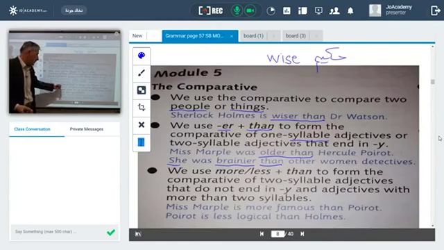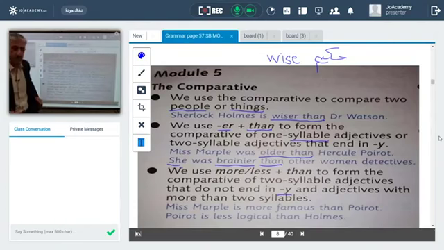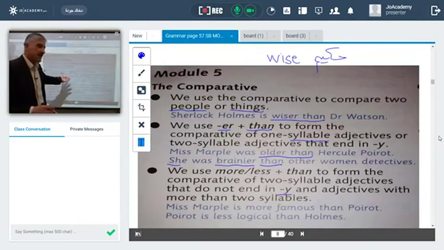We use more or less بالإضافة إلى than to form the comparative of two syllable adjectives, إذا كانوا مقطعين, that don't end in Y. So here we have to notice that if the adjective ends with Y, we change it to IER. We treat it as one syllable.